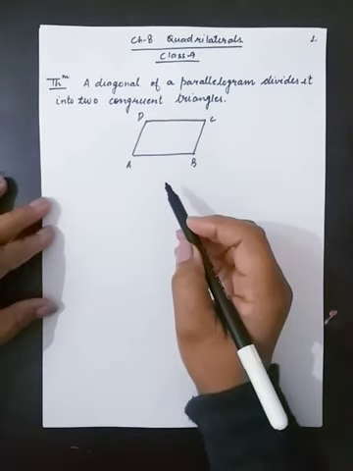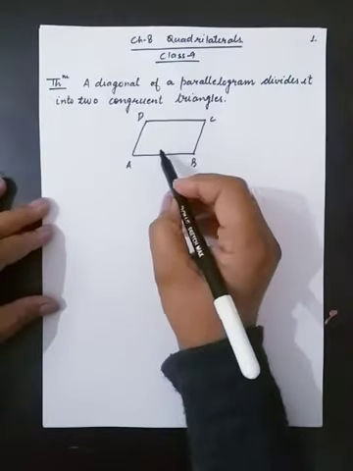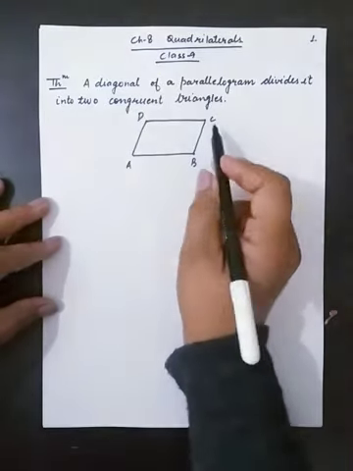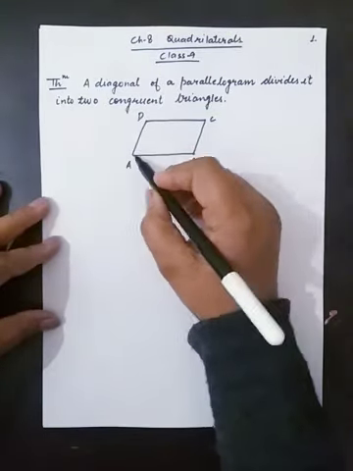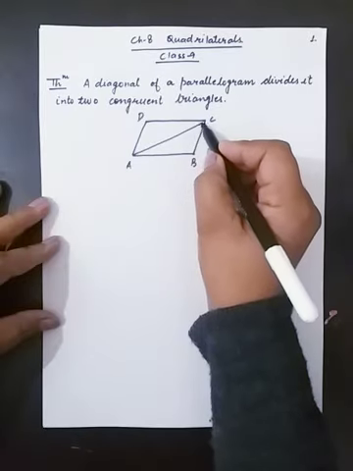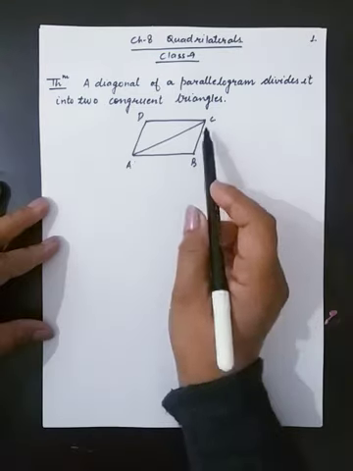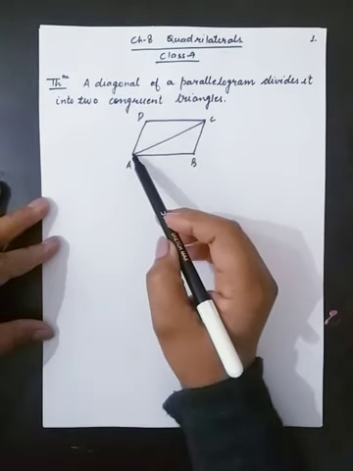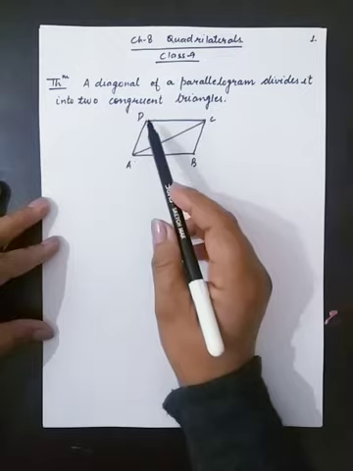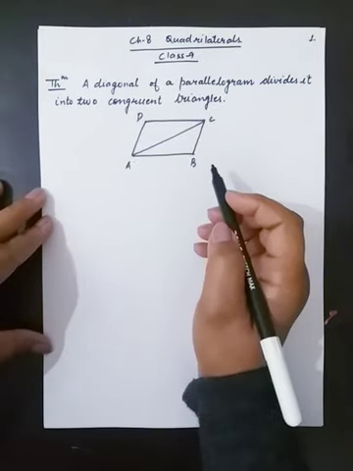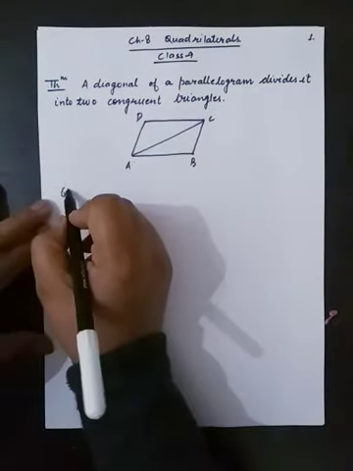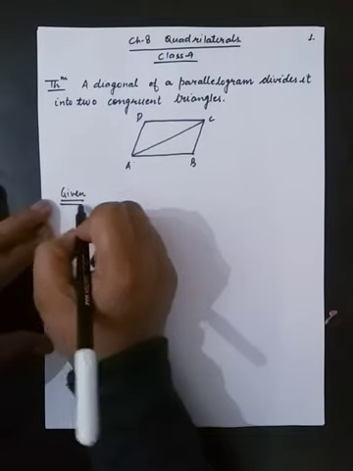So to prove the theorem, first of all we have to draw the figure. Here ABCD is a parallelogram and AC is its diagonal. And we have to prove that triangle ABC is congruent to triangle ADC. So first of all what we have to write, what is given here?